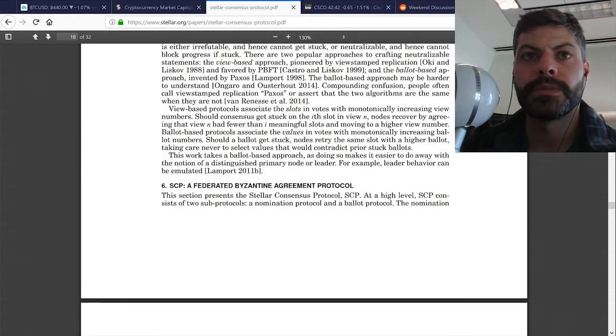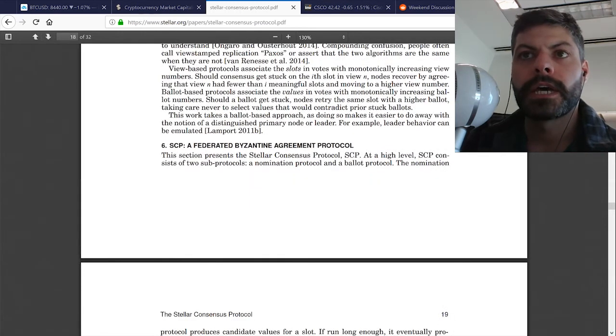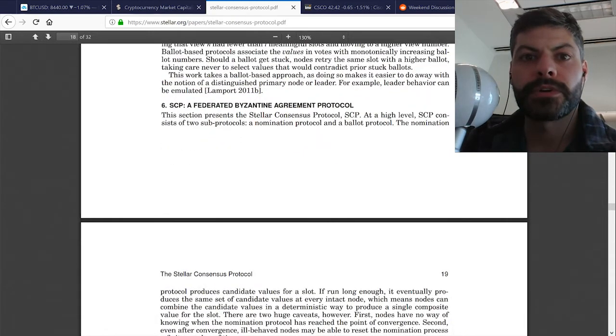6. SCP, a Federated Byzantine Agreement Protocol. This section presents Stellar Consensus Protocol, SCP. At a high level, SCP consists of 2 sub-protocols, a nomination protocol and a ballot protocol. The nomination protocol produces candidate values for a slot.